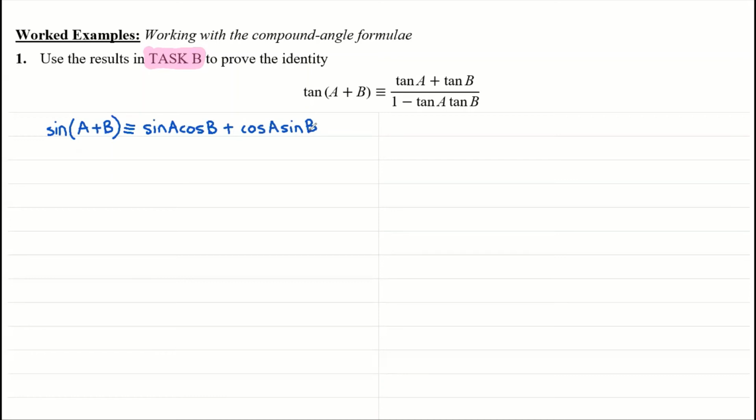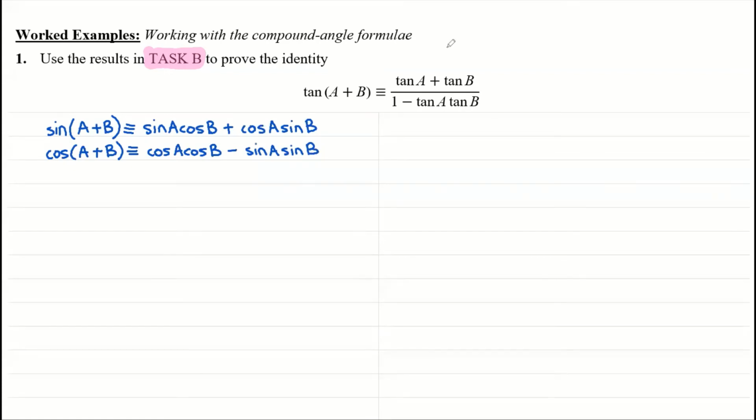And then we also discovered that the cosine of a plus b, which was alpha and beta in task B, is cos a cos b. Now it's a subtraction, subtract sine a sine b.